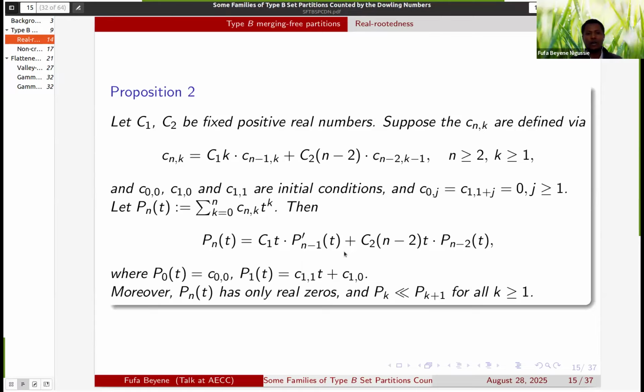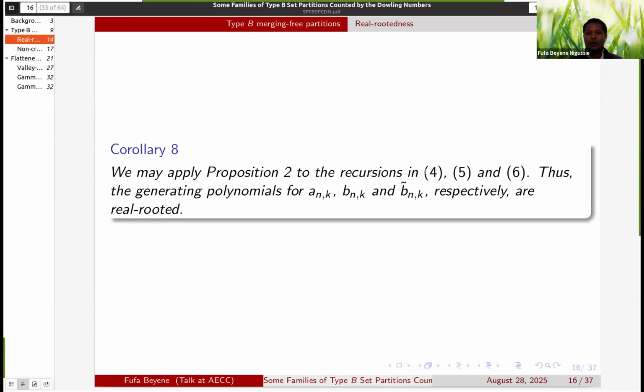So here, by examining the proof, if we apply this to equations 4, 5, and 6, meaning equation 4 was the recursion corresponding to A_{n,k}, the number of type A merging free partitions, B_{n,k}, the number of type B merging free partitions, and B tilde, type B merging free with the additional condition that in a block, if there is a barred element, it is the maximal one, except in the last block.